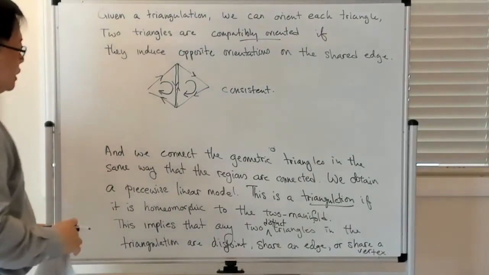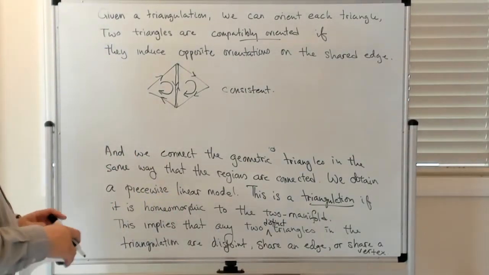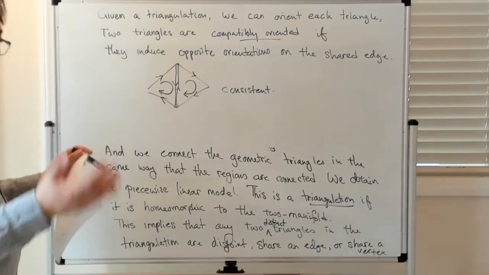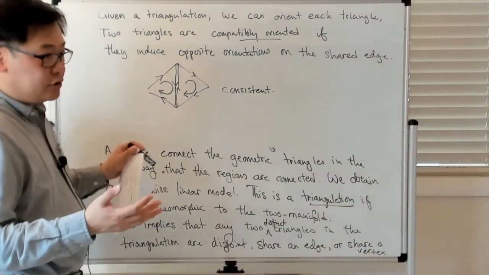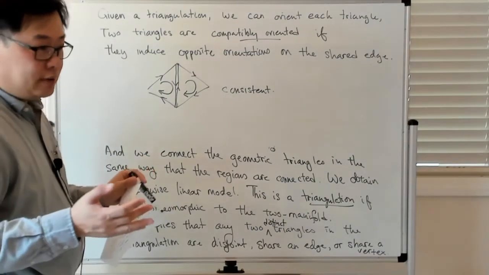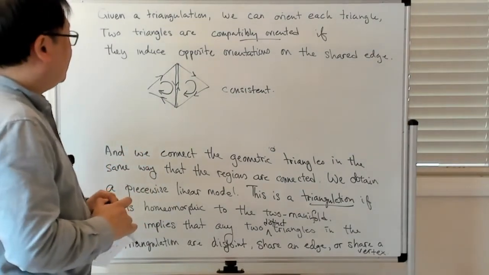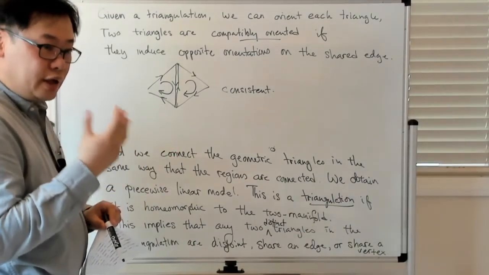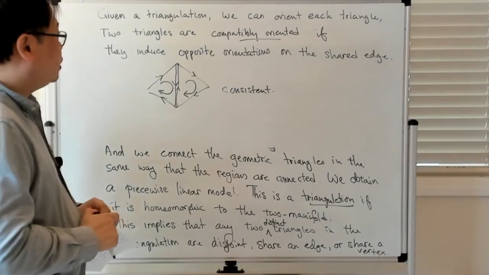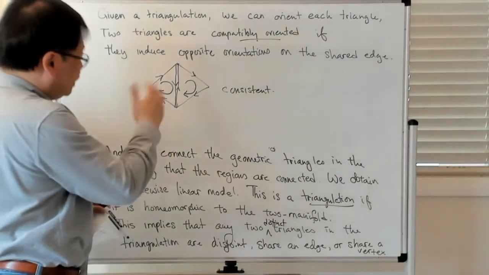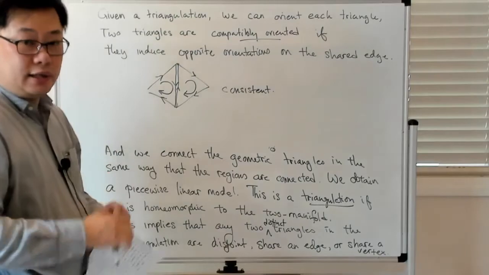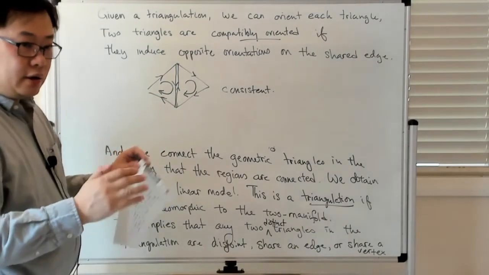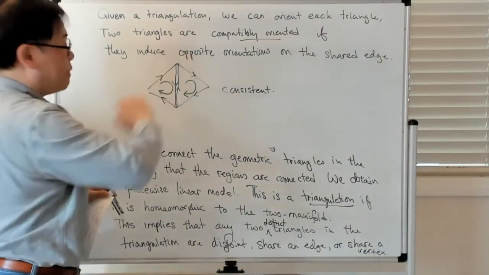Okay, and then of course a manifold is orientable, in particular, if it has a triangulation which is itself orientable. What it means for a triangulation to be orientable is that you can assign to each and every single triangle in the triangulation one of these orientations, and they are always compatibly oriented.